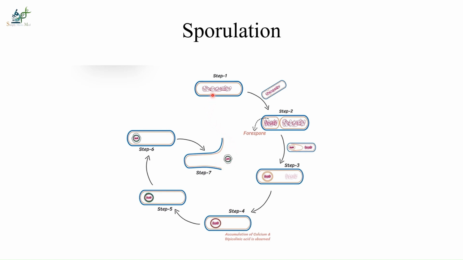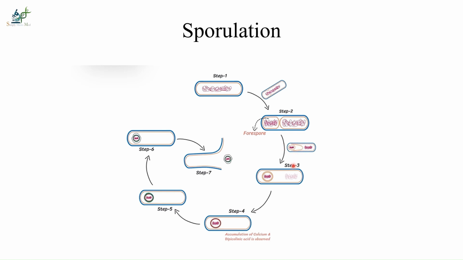First, starting with step 1, the axial filament of bacterial DNA is formed. Next, the septum will be formed. The septum will divide, and you get the forespore and the mother cell. Later, the mother cell's cytoplasm will engulf the forespore.